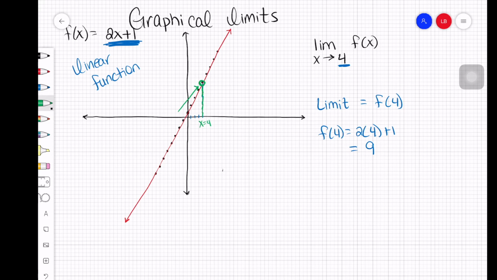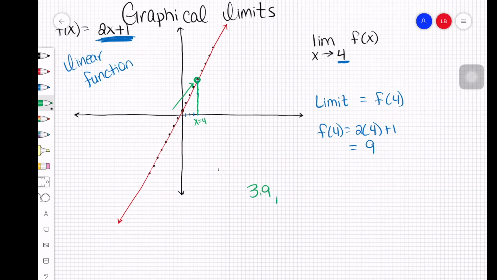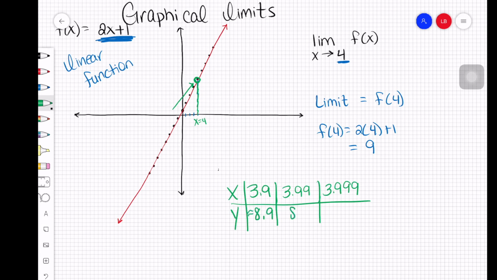And if I were to do that for this particular function, let's say I were to plug in 3.9 and 3.99 and 3.999, what would happen, and I'm fairly certain that my y values may not be exactly these numbers, but it would be something like 8.9 and 8.99 and 8.999. What would happen is my values would inch closer to that value 9 from the left, okay?